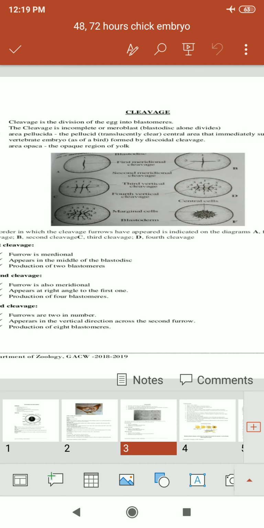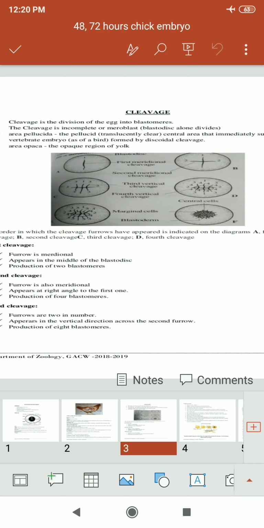The area pellucida is the translucently clear central area that immediately surrounds a vertebrate embryo, as of a bird. It is formed by discoidal cleavages, and the area opaca is the opaque region of yolk. So you can see this cleavage.